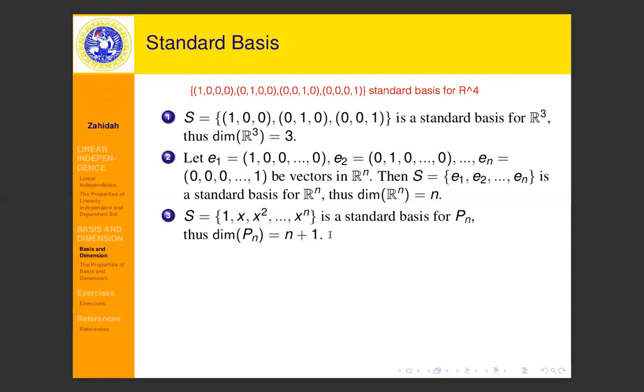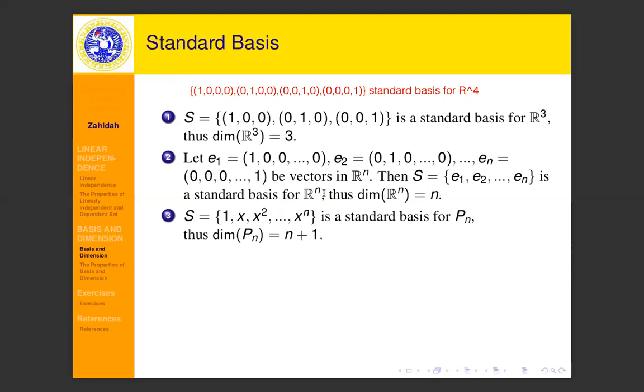So be careful: for polynomials of degree n, the dimension is n plus 1. The dimension of Rn is n, so the dimension of R4 is 4.